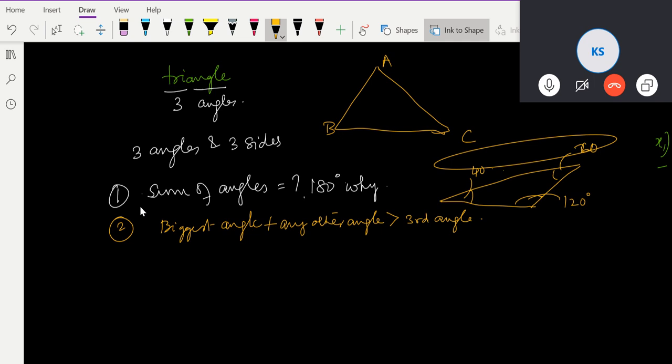Take an example. The biggest angle can be greater than 90. So let's take 100. Any other angle, let's say the smallest angle is 5, so 105, and the third angle is 75. This is one case.